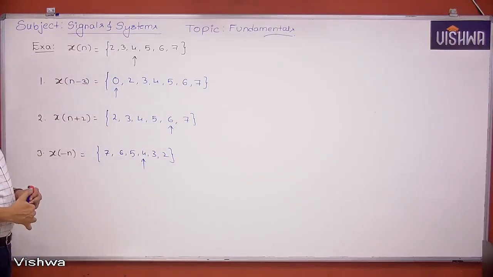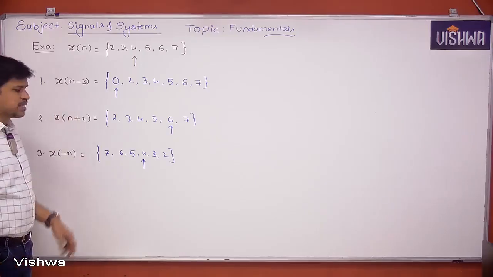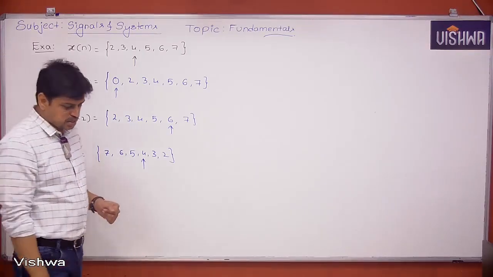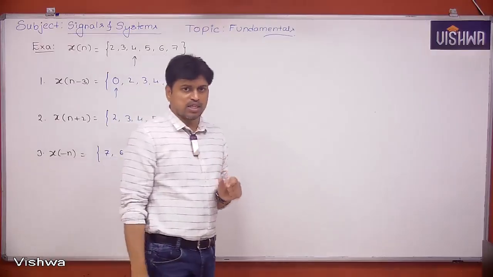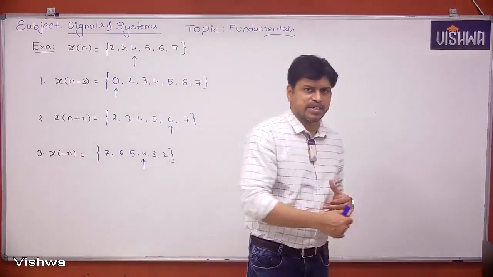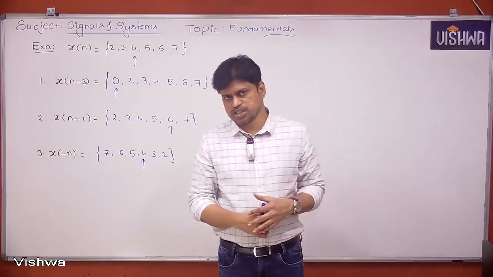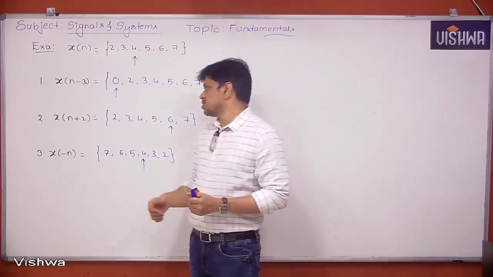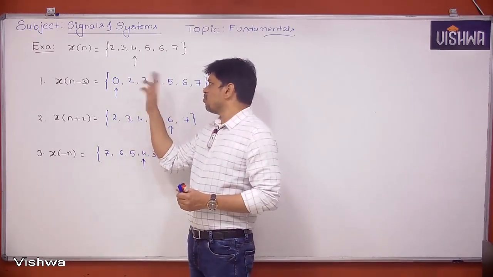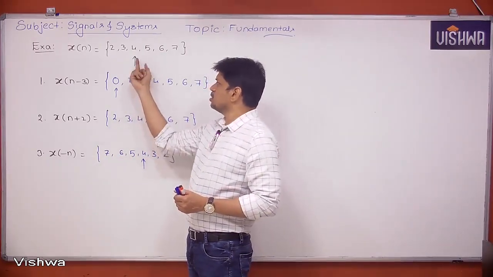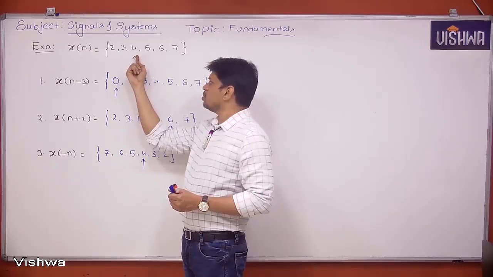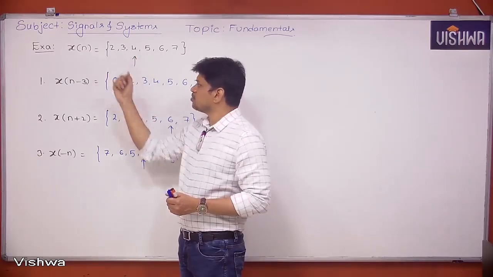Okay. Now please try to understand what I am saying. We know that x of n minus 3, that means delay, means the signal or sequence has to move in the right side direction by 3 units. But virtually, if you observe carefully, this arrow is moving leftwards.